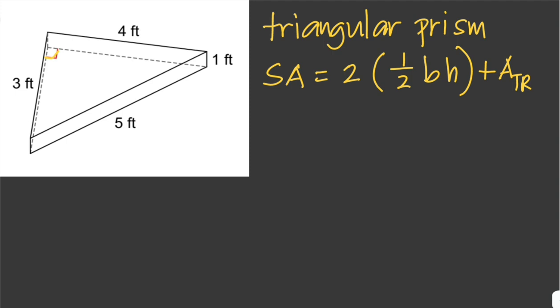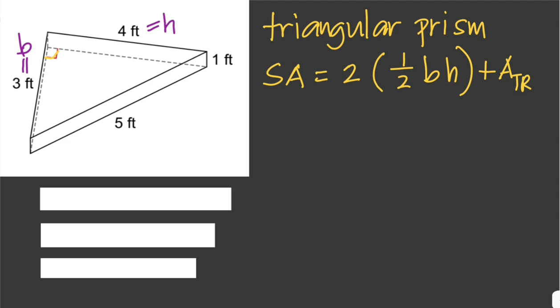Alright, but first let's identify the base and the height of the triangle. This is the triangle here. So the base here is equivalent to 3 feet, and the height is equivalent to 4 feet.